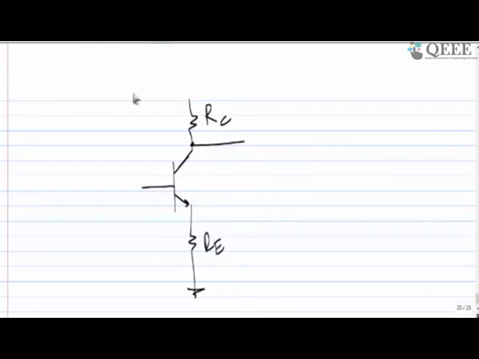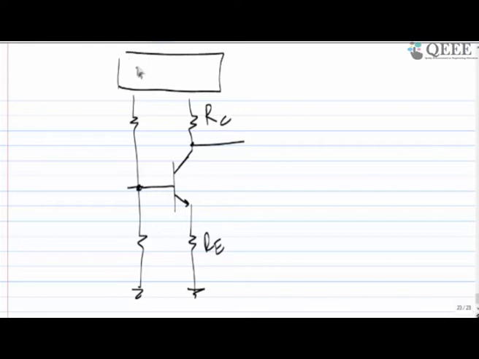So I am connecting this circuit. There is a DC power supply here, and the DC potential is available, or we bias the transistor in such a way that it's in active mode. We did it. Now there is no problem.